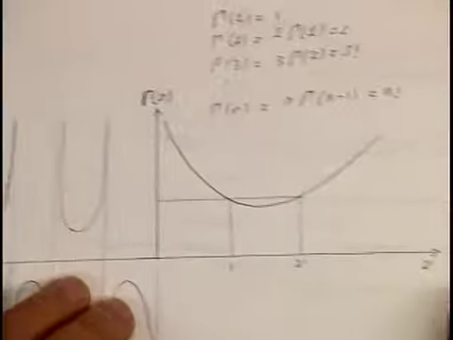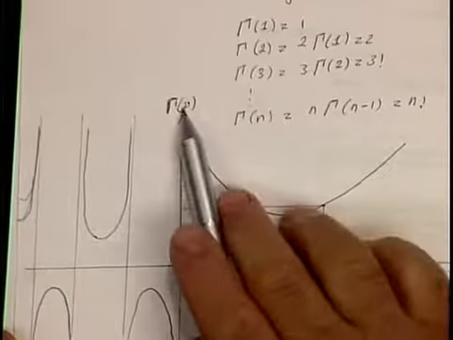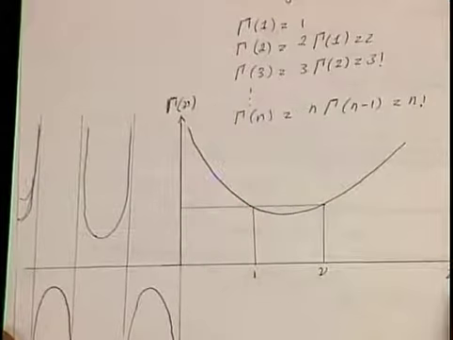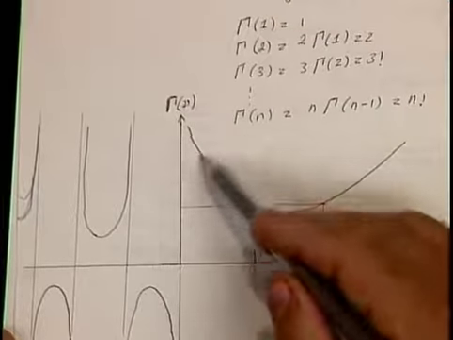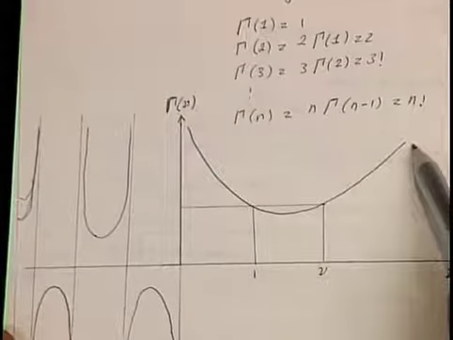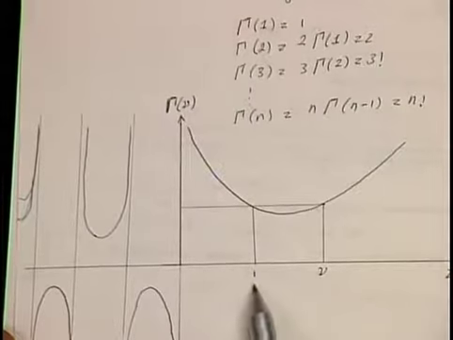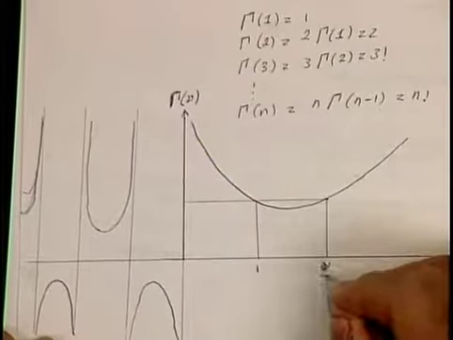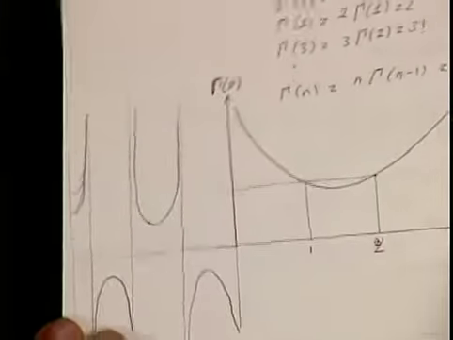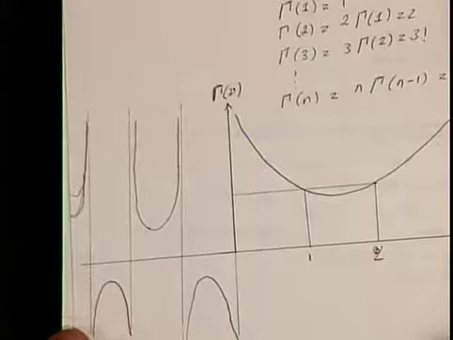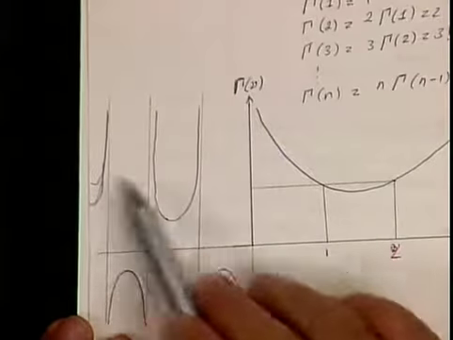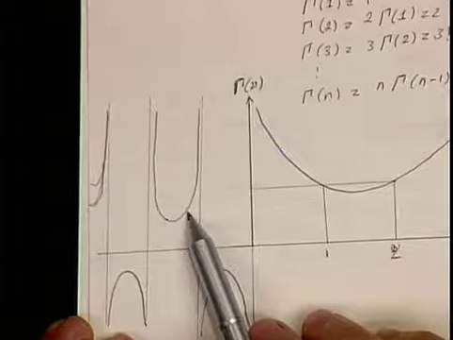If you plot the gamma function as a function of nu, you will notice that in the positive part you will have a continuous curve like this. And let's say for integer values 1 and 2, you will have this behavior for the gamma function. For negative values of nu, you will have a graphical representation for the gamma function like this.